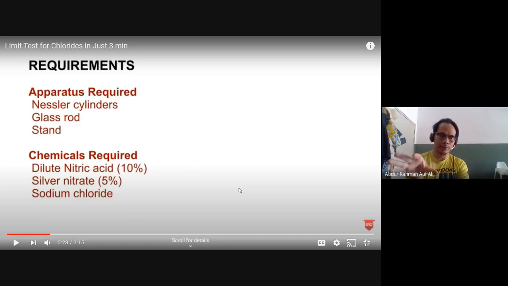Chemicals required, dilute nitric acid. Penggunaan dia sudah di-explain tadi untuk menghalang any other salt is being formed, because kita nak silver chloride salt saja dihasilkan. Chemical number 2, silver nitrate. This is what is going to react with the chloride dalam sample, and sodium chloride. This will be used as our standard.